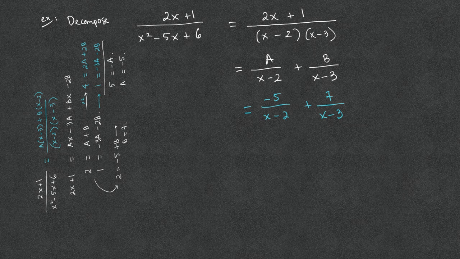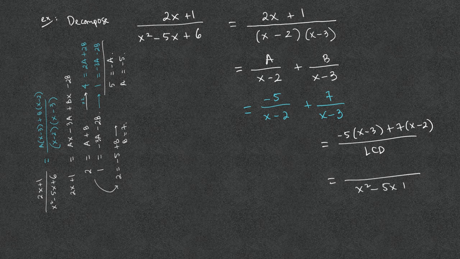We can check this by finding the least common denominator of the two rational expressions. Negative 5 times x minus 3 plus 7 times x minus 2. The least common denominator is x squared minus 5x plus 6, because this is how we factored x minus 2 and x minus 3.